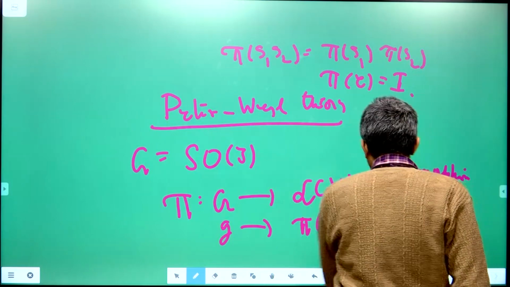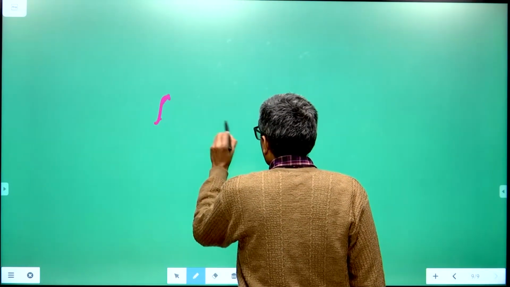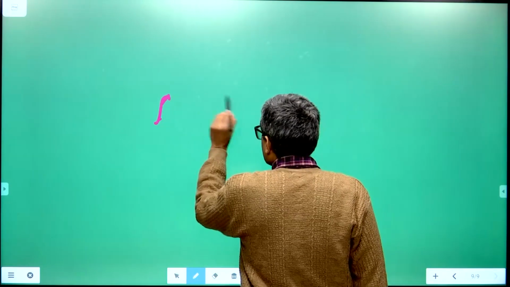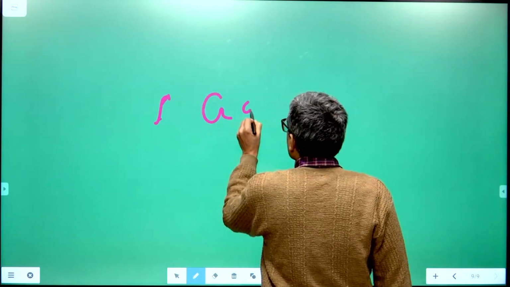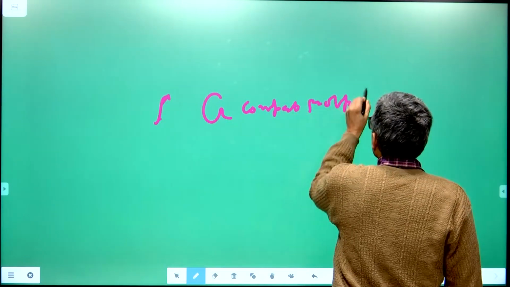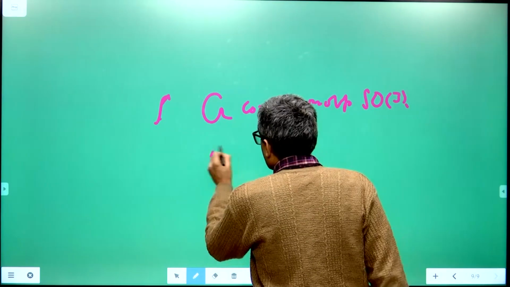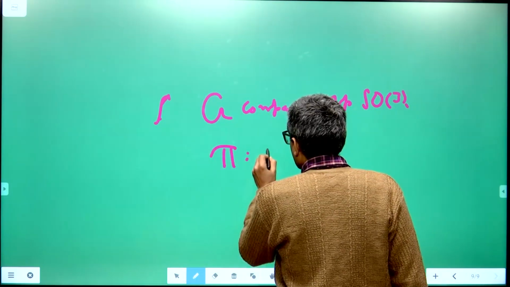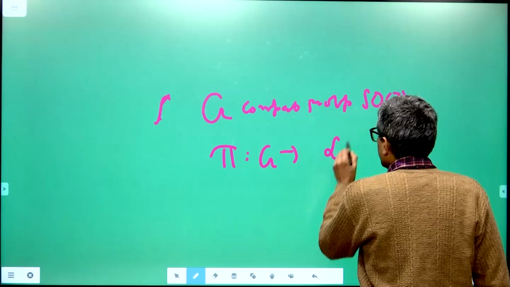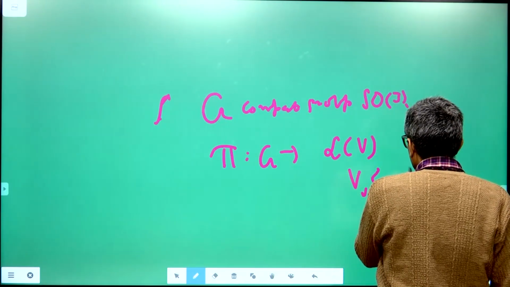So, Peter Weyl theory says the following. First you note the following thing. If G is a compact group, for example SO3, and pi is a representation of G, say pi maps G to L(V), where V is an inner product space, it has got an inner product.